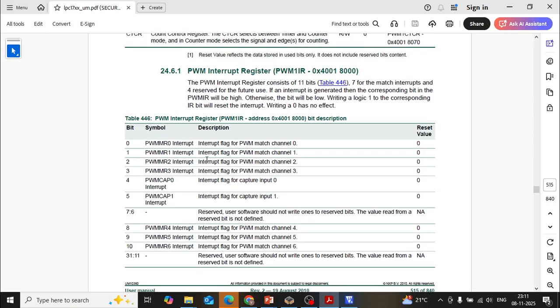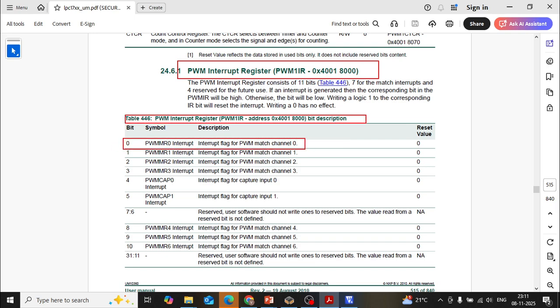Here you can see this is your PWM interrupt register. In this register we have to clear bit number 0. Whenever there is an interrupt, bit number 0 of your PWMIR register, nothing but the interrupt register, will be set. We have to clear this bit in the interrupt service routine.